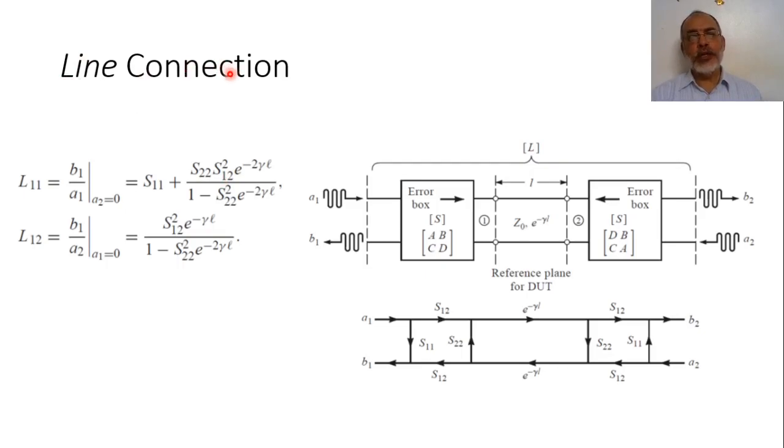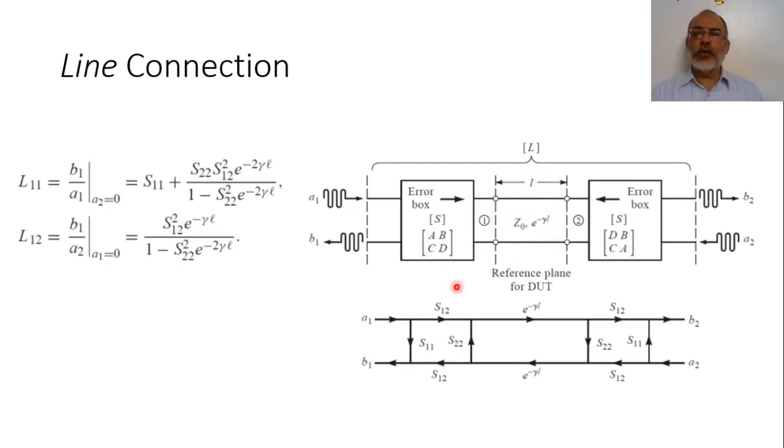The line connection is to connect port 1 to port 2 through a line with length L, which has a phase shift minus beta L, which is another unknown, because we assume an arbitrary length with arbitrary phase shift transmission line, but assuming that there is no attenuation.